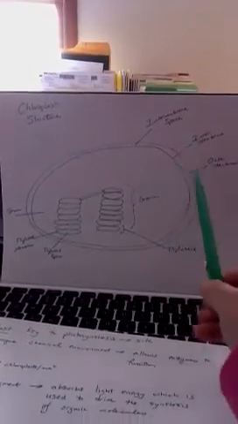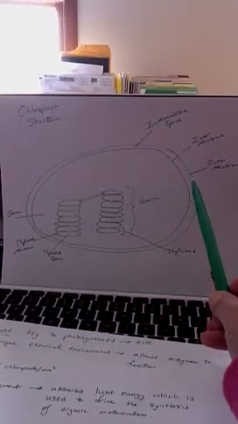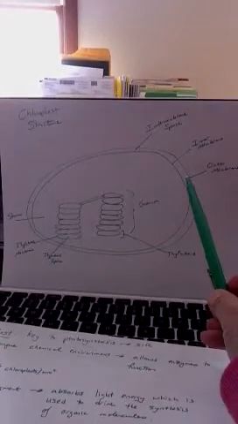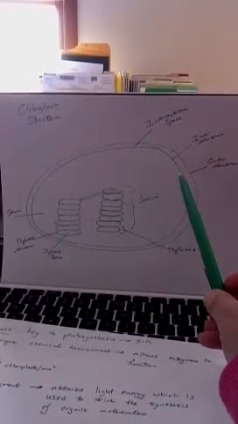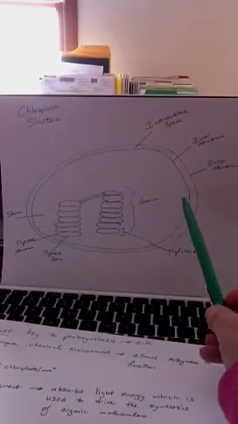So the chloroplast, remember, has a double membrane, the inner membrane and the outer membrane, and in between these two membranes is the intermembrane space. Now, there's a big difference between the inner membrane of the chloroplast and the inner membrane of the mitochondria.